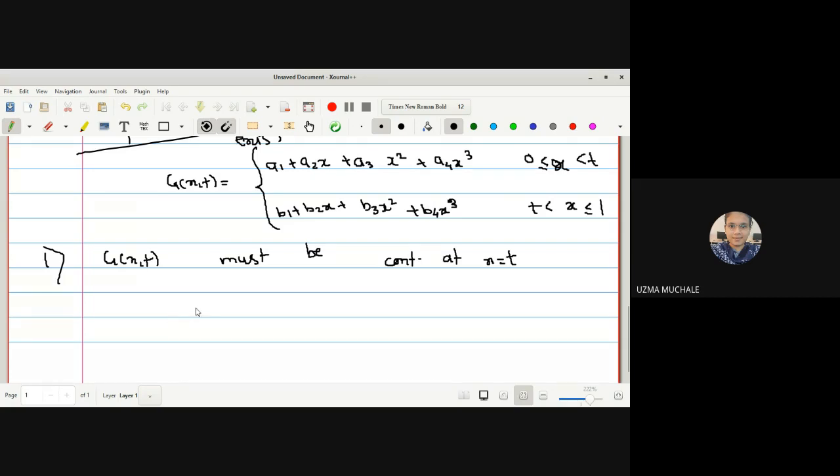I will write directly: a1 minus b1 plus a2 minus b2 x plus a3 minus b3 x square plus a4 minus b4 into x cube equal to 0. First you have to equate and then you have to write this.